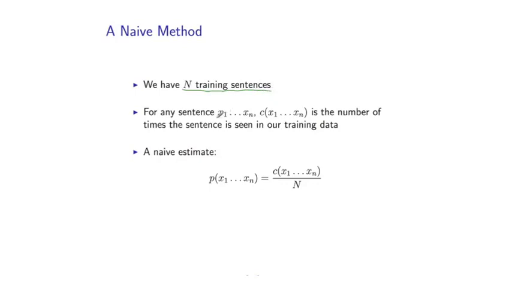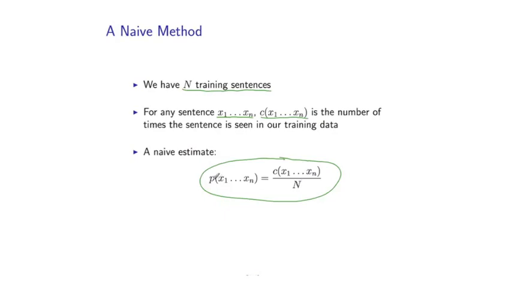And for any sentence x1 up to xn, I'll just define c of x1 through xn to be the number of times that that sentence is seen in our training sample. Okay? A very simple estimate is then the following, where we define p to be simply c over n. So we simply count the number of times the sentence has been seen and divide by the total number of sentences seen in our training corpus. And this is a language model.